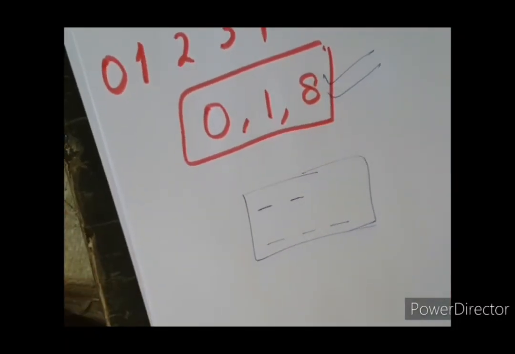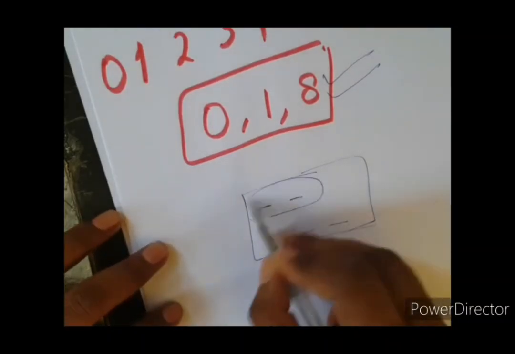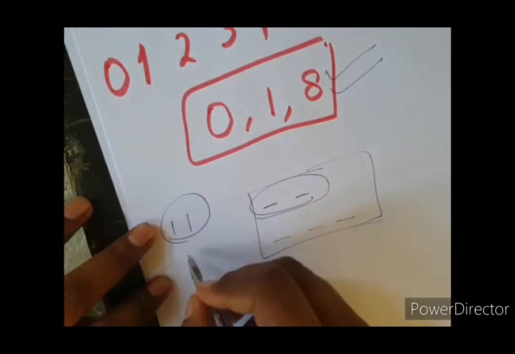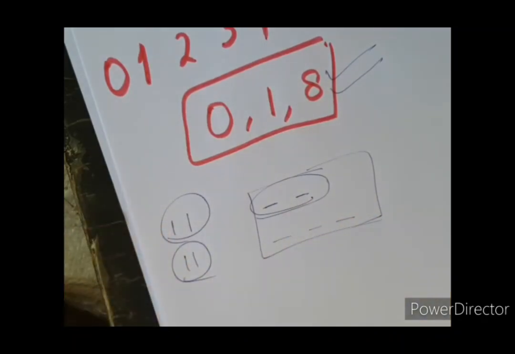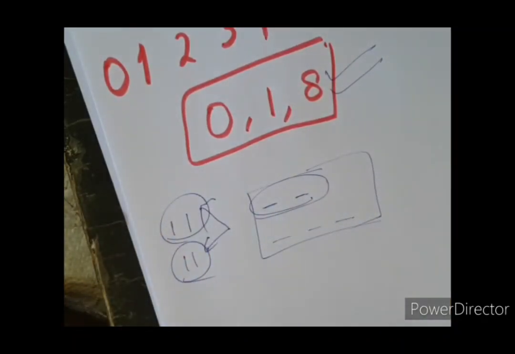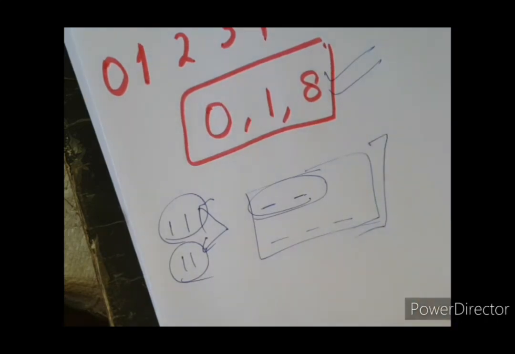Let me give you an example. If I talk about a 2-digit number, if I take 11 and make a half round, then it is always 11, right? So it is a hint for you. You have to get the 2-digit and 3-digit numbers which will be the same on a half turn.